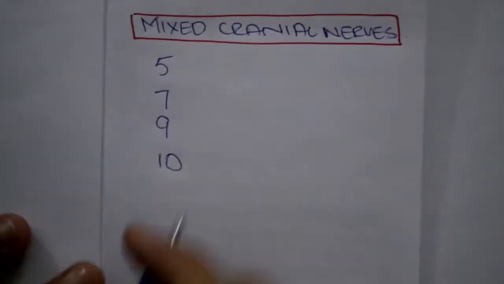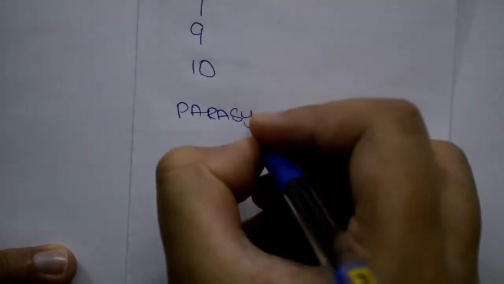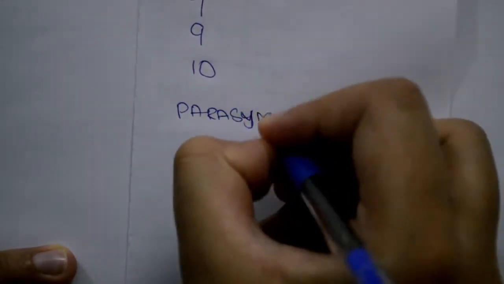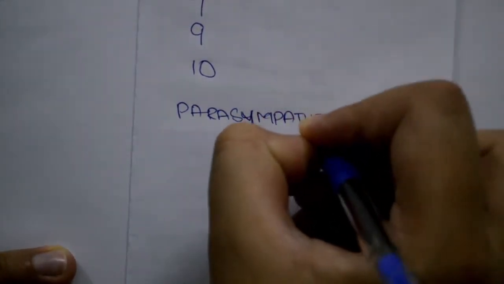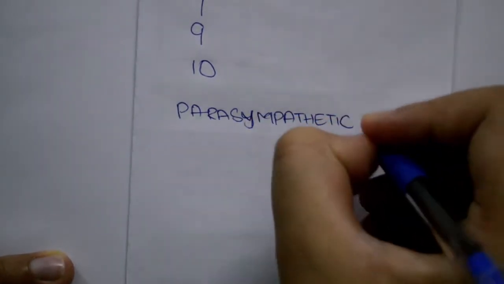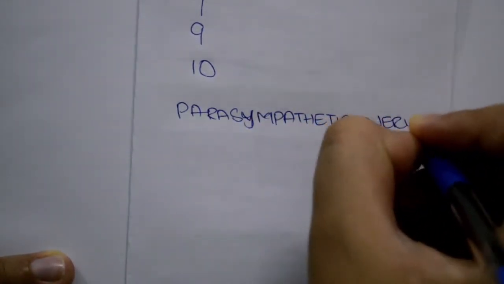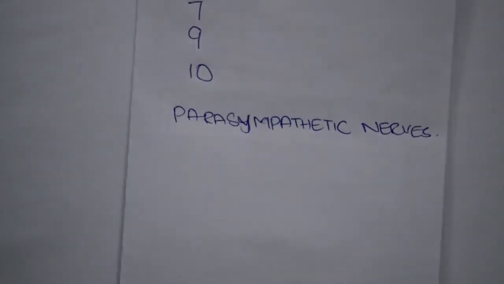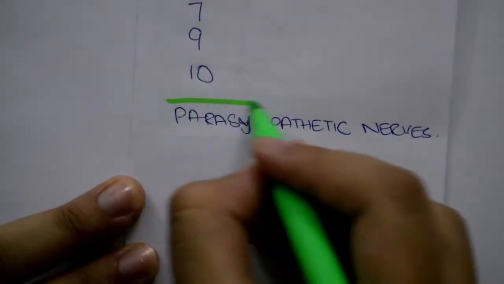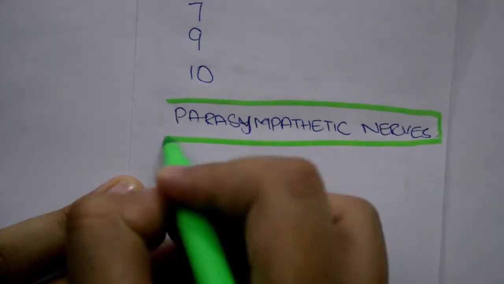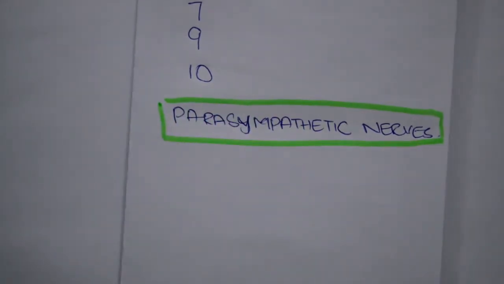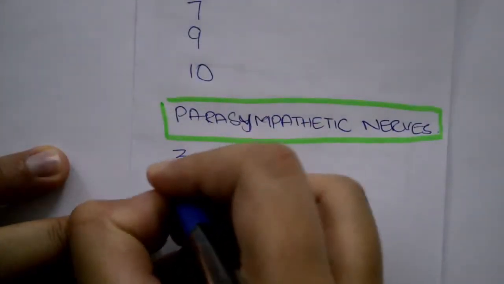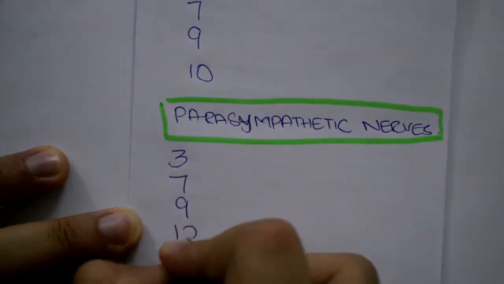I actually memorized it. Anyways, so yeah, we're moving forward to the parasympathetic nerves. And these are the 3, 7, 9, 10.